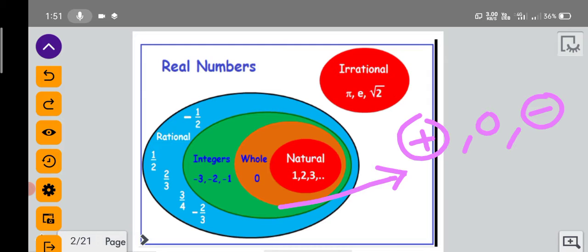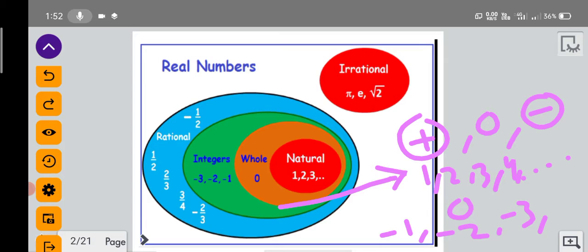In other words, it is the combination of all positive numbers, that is 1, 2, 3, 4 and so on, 0, and all negative numbers, that is -1, -2, -3 and so on. Integers are denoted with the letter Z.